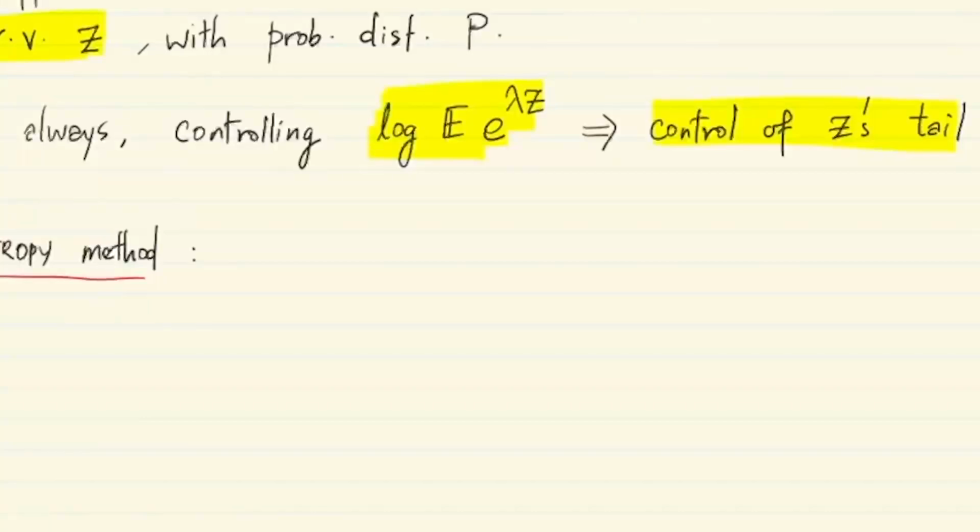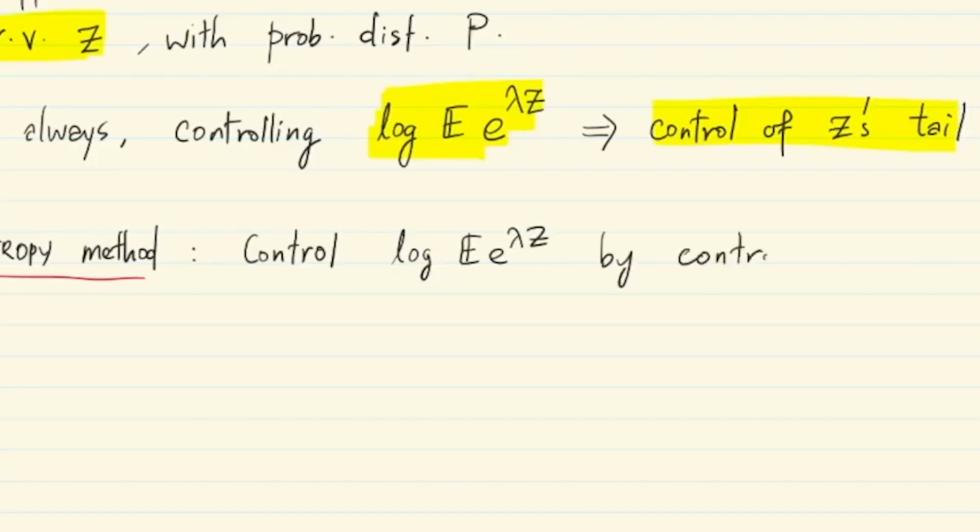We've looked at the well-known entropy method, which essentially says one can control the log moment generating function, the log expected value of e raised to lambda z for some real number lambda, by controlling the entropy of e raised to lambda z, and then appealing to an integral formula for the log moment generating function.